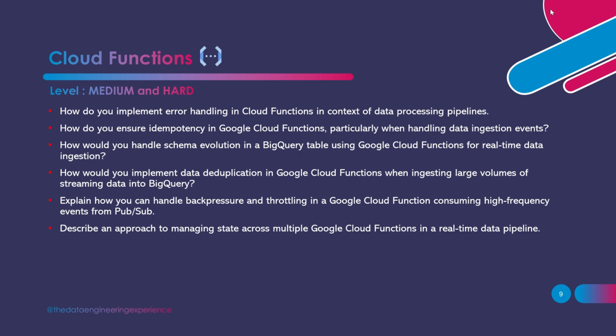Then our next question is, explain how you can handle back pressure and throttling in a Google Cloud function while consuming high frequency events from pub/sub. You can do it in various ways. You can control the concurrency by setting the max instances in the cloud function. You can batch your messages together to process multiple events per function invocation.